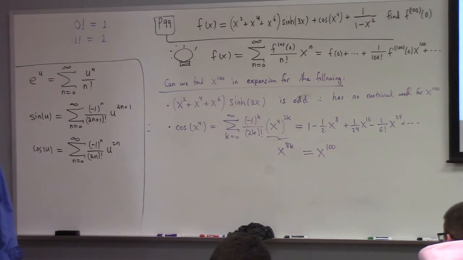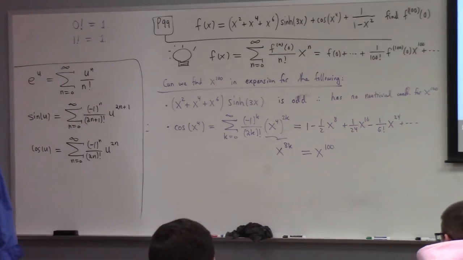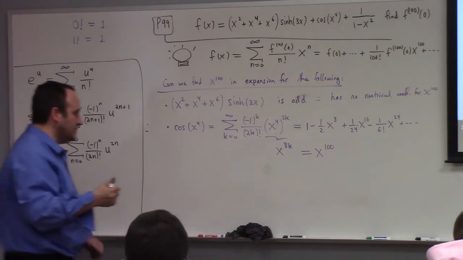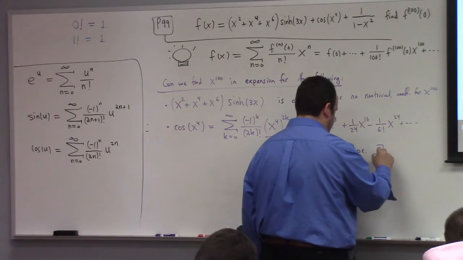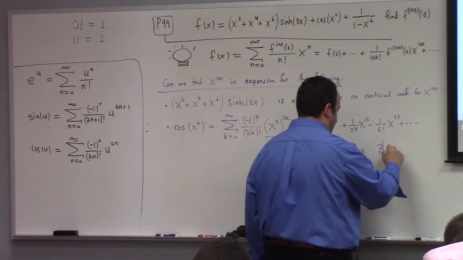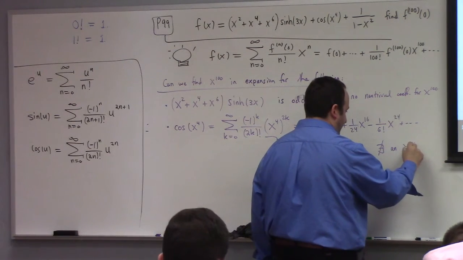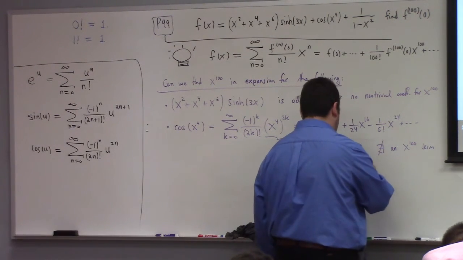K has to be a whole number. It skips over it, we go from 96 to 104, it skips past 100. So again, the answer is nope. There does not exist an x to the 100th term in this one either.